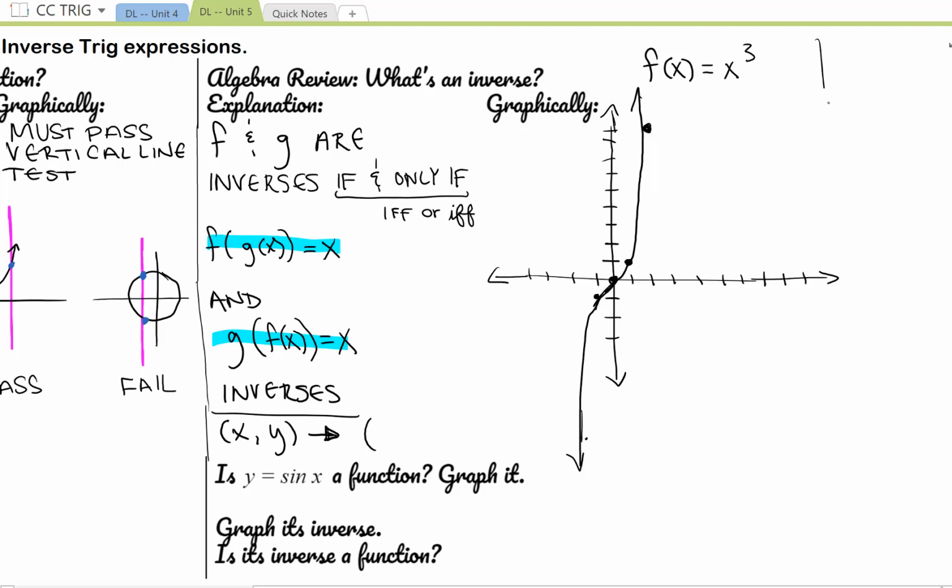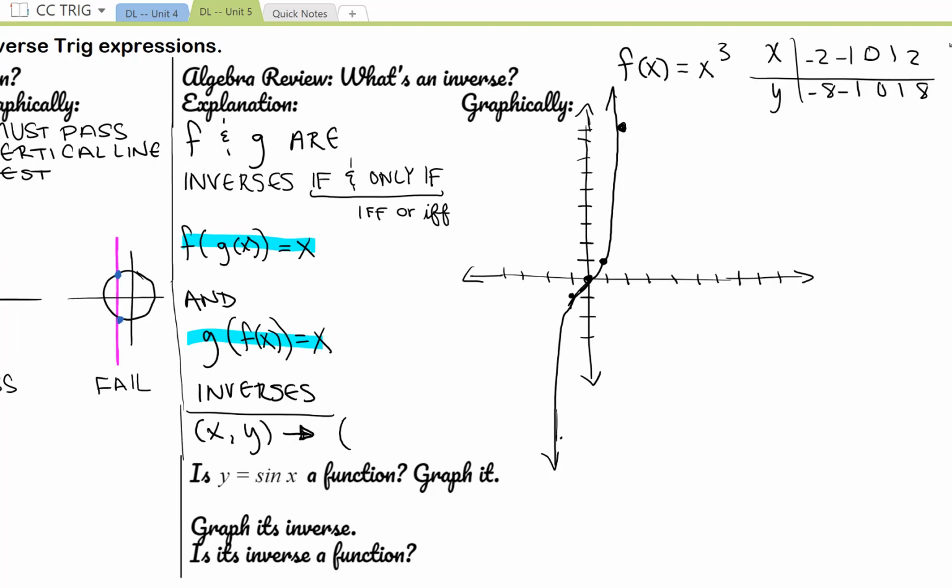And this table that we just kind of did looks like, when we end up graphing the inverse of x cubed is cube root x. Now what does that look like? Now I'm going to plug in values that are easy to take the cube root of.